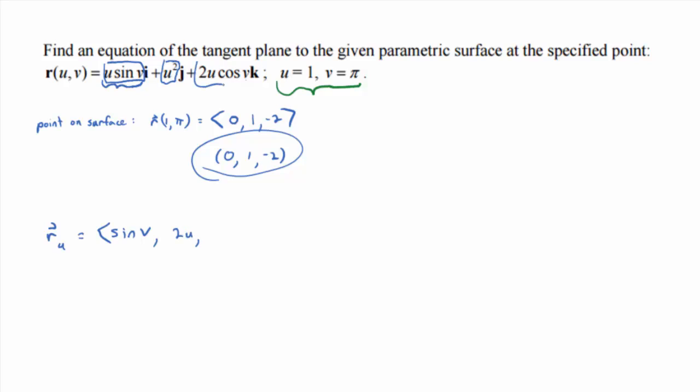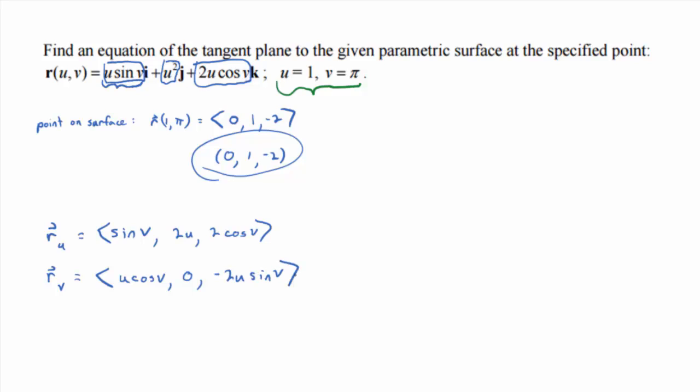What's the derivative of this guy with respect to U? 2 cosine V. Does everybody believe that? And then RV. The derivative of U sine V with respect to V? U cosine V. The derivative of U squared with respect to V? 0. The derivative of 2U cosine V with respect to V? Minus 2U sine V.